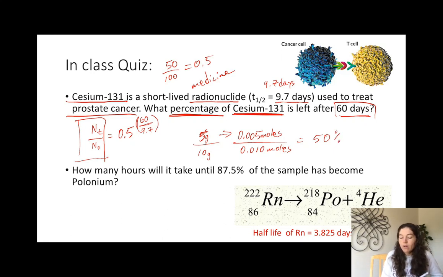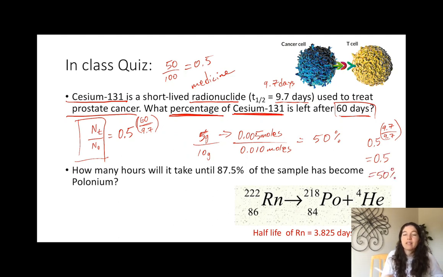Only half is left after a half-life has passed. Which is why we can say that, if your half-life is the same as the time that has passed, 9.7 over 9.7, which is 0.5 to the 1, then you get 0.5, which is 50%.